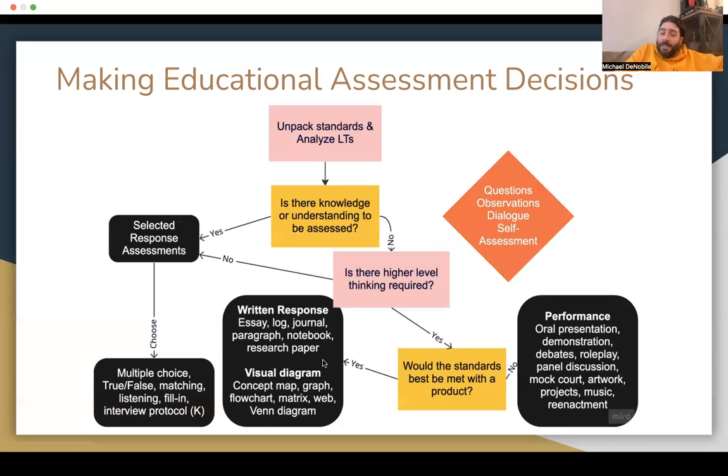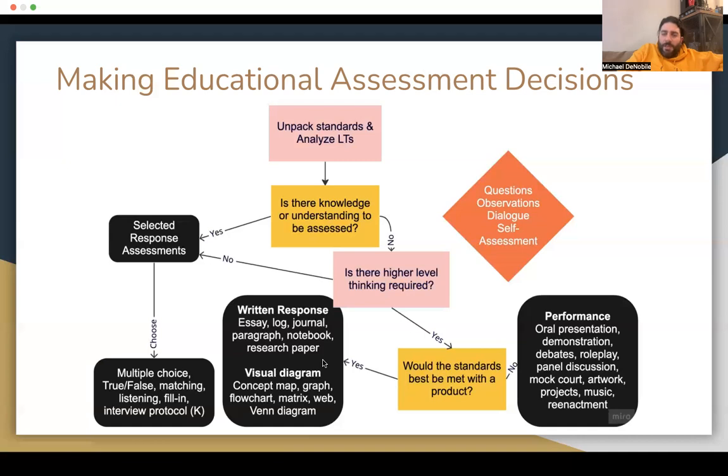Students may need to maintain a notebook. At the higher levels, with the older grades, students may need to write a research paper to demonstrate their mastery of the standards. Visual diagrams include concept maps, graphs, flowcharts, as this is, matrices, webs, and Venn diagrams, which I'm going to go more in depth in the following slides.